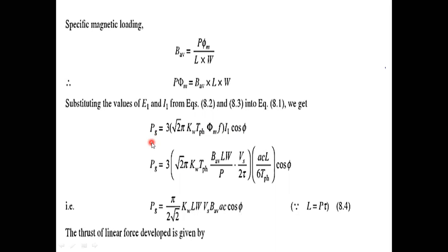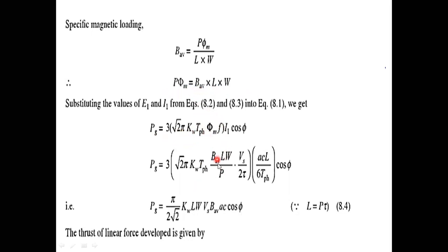We know that the gross power developed is 3 E1 I1 cos phi. E1 is this equation. Then we substitute the phi m value, that is phi m is equal to B average into L into W by P. We have not cancelled it here; we directly multiply with the number of poles also.